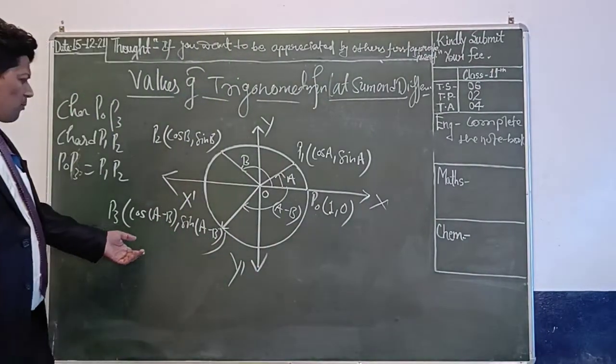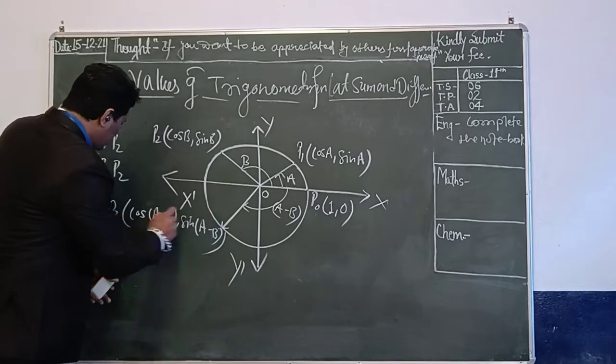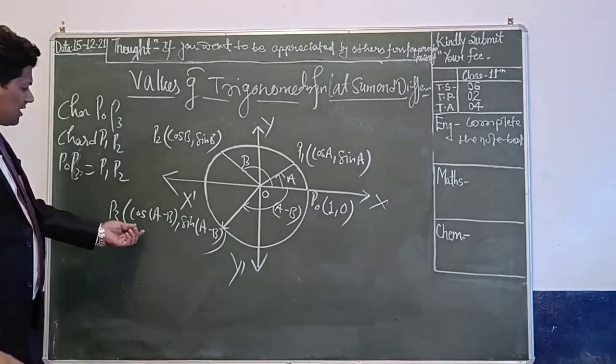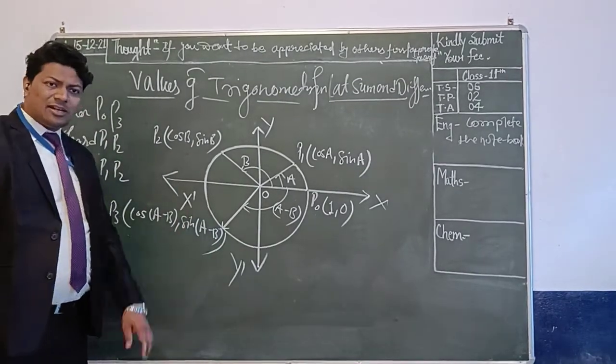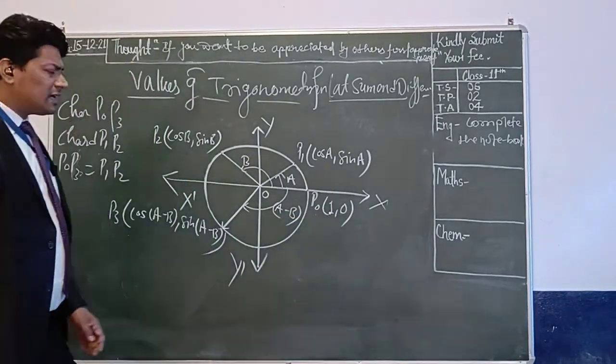The coordinates of point P3 are cos(a minus b) comma sin(a minus b), and the coordinates of P0 are 1 comma 0. Is it clear?